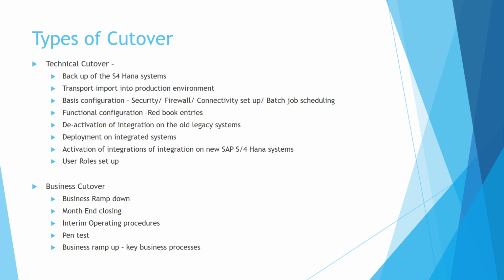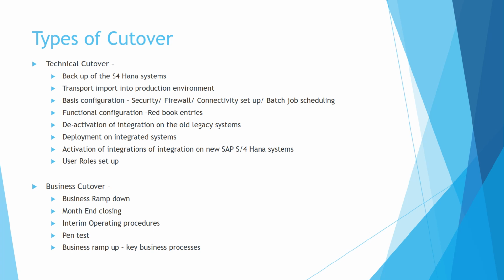One of them is business ramp down. Business ramp down is basically reducing the business transactions or business activities near the time of cutover. For example, before we do the cutover, the business should stop using the legacy system, such as submitting expenses, doing a goods receipt, or a goods issue.